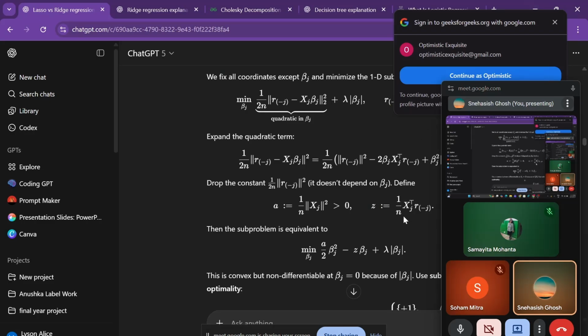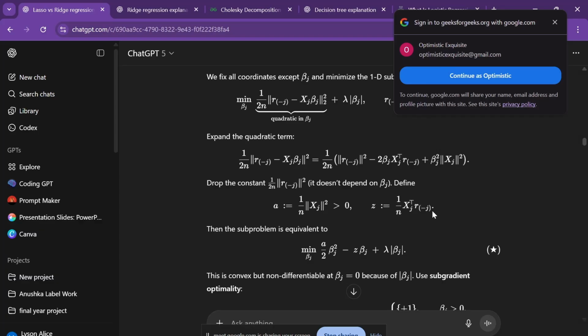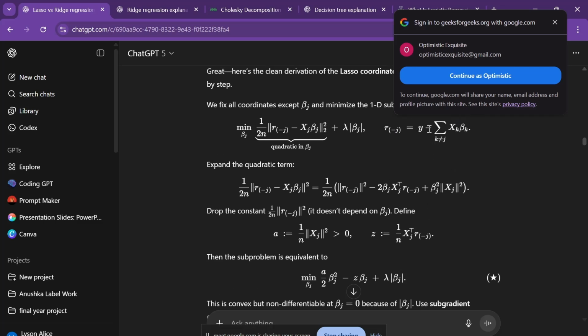So it is 1 by n xj transpose r minus j, right? Which basically means that this contains the information about the correlation between xj and r minus j, right? And r minus j is basically y minus summation of k not equal to j xk beta k.